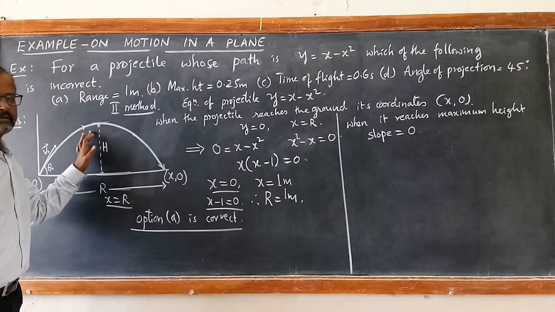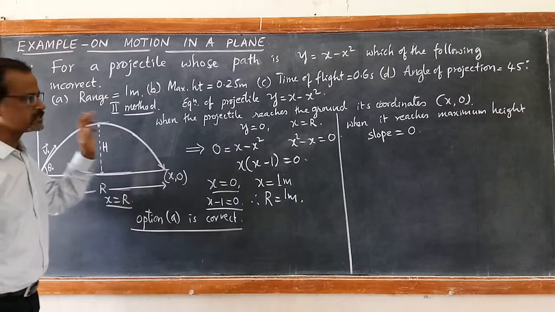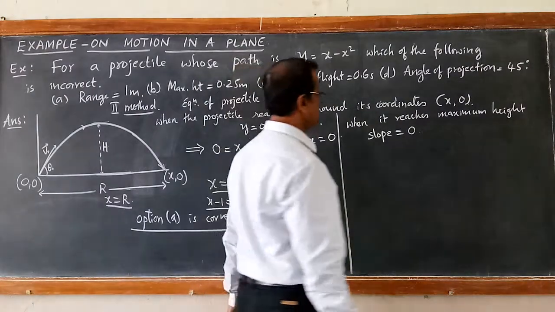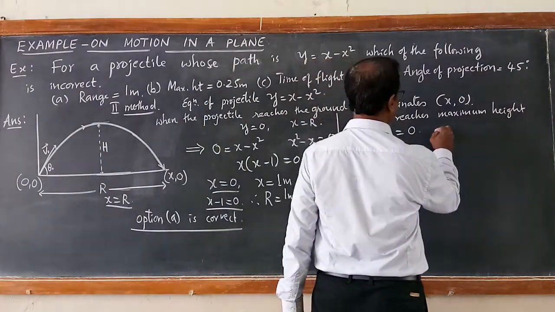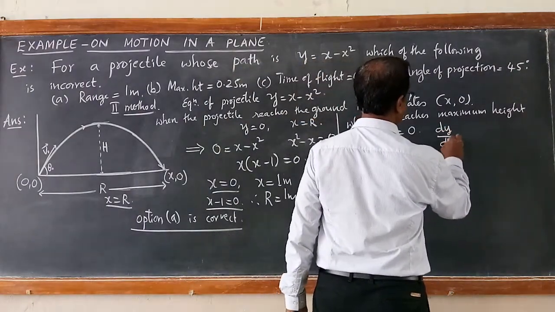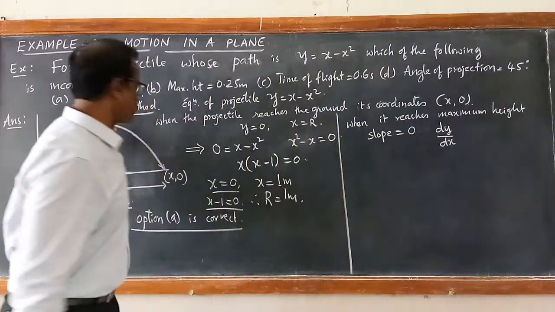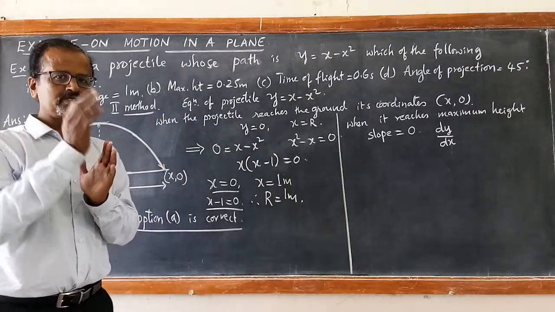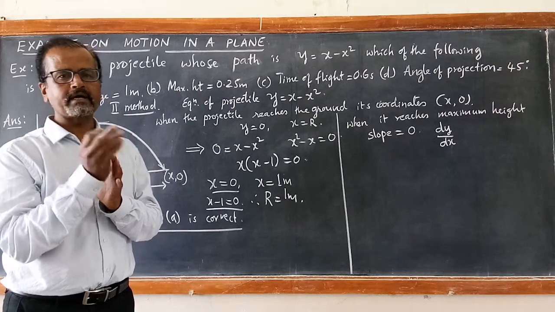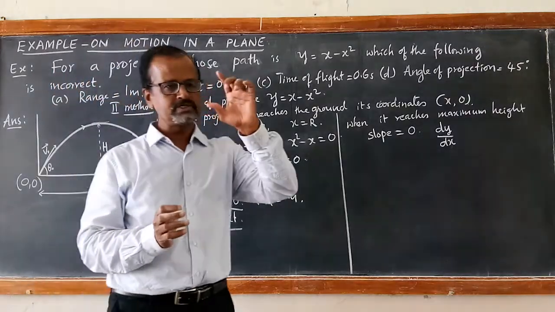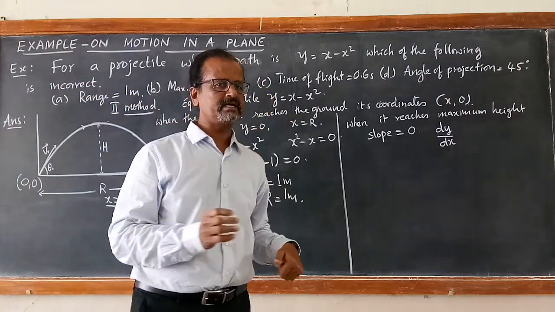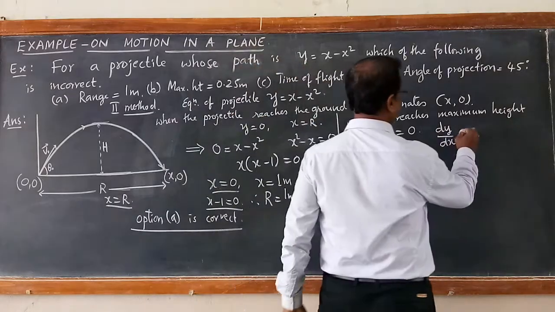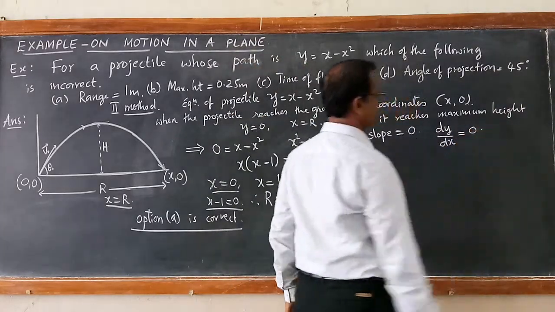The y component of velocity becomes 0, so slope becomes 0. We know by definition dy by dx at this point gives us slope: change in y component divided by corresponding change in x component is equal to 0.